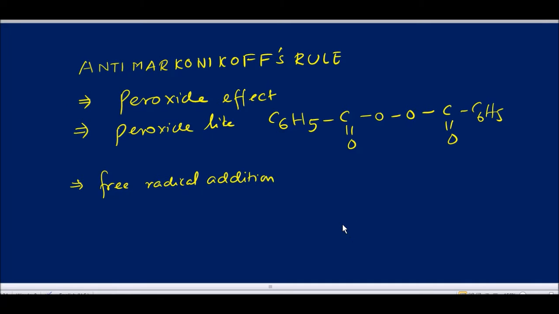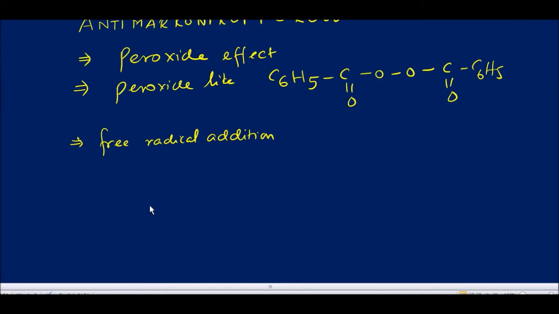So how is the free radical generated here from the benzoyl peroxide? That can be understood as follows. Just see C6H5, C double bond O, O, O, C double bond O, C6H5. This compound is benzoyl peroxide.